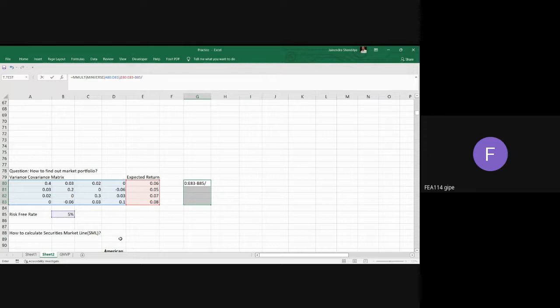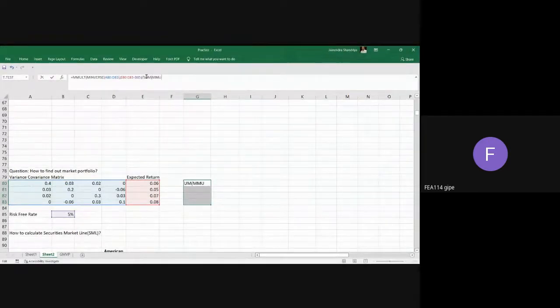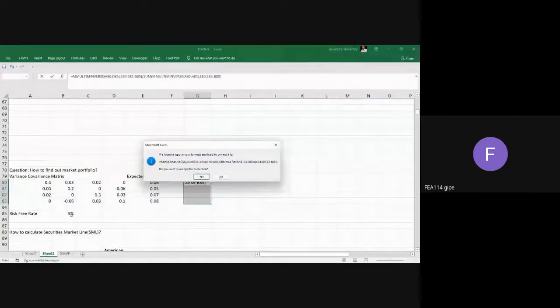So here I need to be, and then I use Control Shift and Enter.